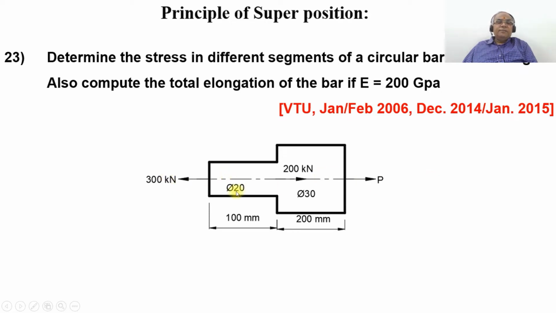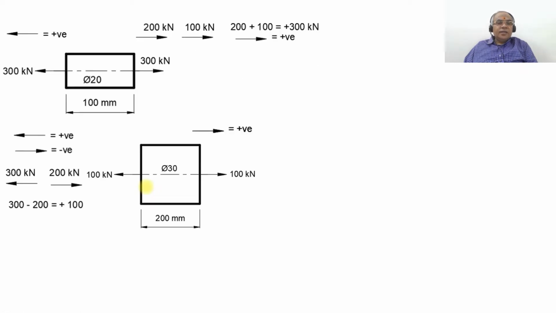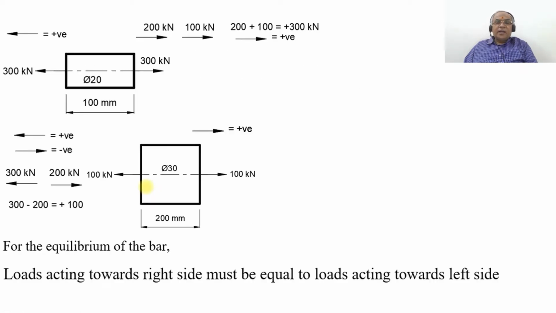So 200 plus P will be equal to 300. Therefore, we get the value of P as 100. That is the reason why we are considering P as 100 kilonewton here.